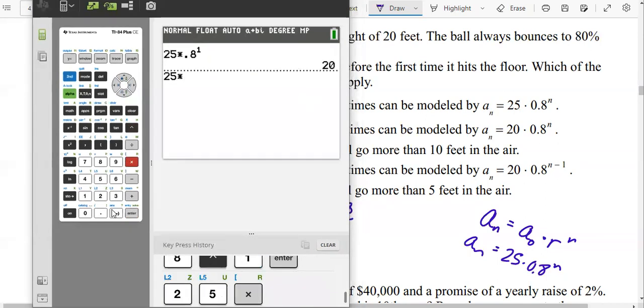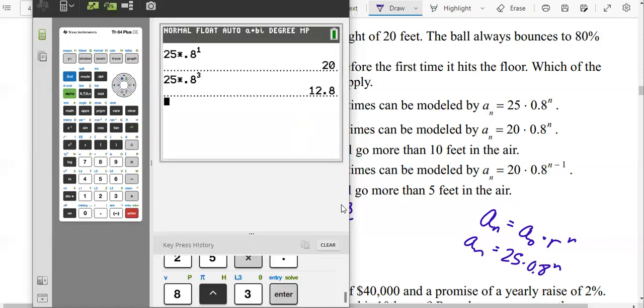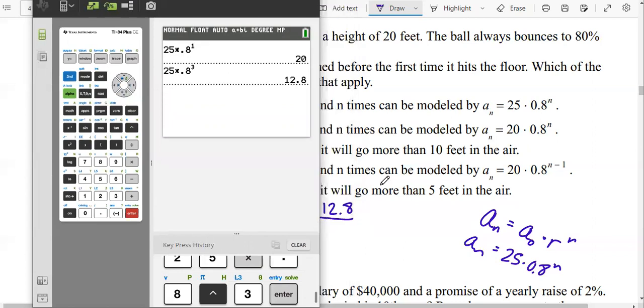Does it work for the third term? 12.8, that's what I said it was. So it works for the function. And that's really all I need to know, that it works for this sequence of numbers. Let's try the next one, 20 times 0.8 to the third. That should give me the third term. Well, it doesn't. That's not the third term. So B can't be true.